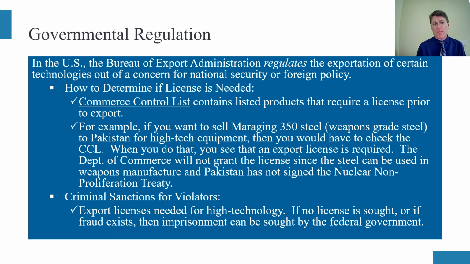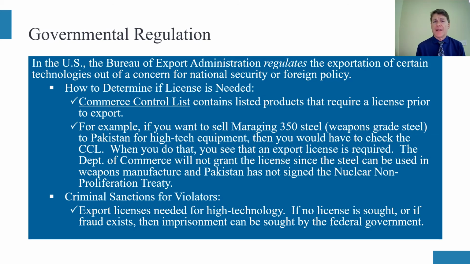And so I give the example here. There's a weapons-grade steel that we produce here in the United States, and if a company wants to sell this weapons-grade steel to, let's say, Canada or maybe the United Kingdom or France, that's going to probably be okay. You need to get a license for that, but that usually is not going to reflect any type of national security issue.